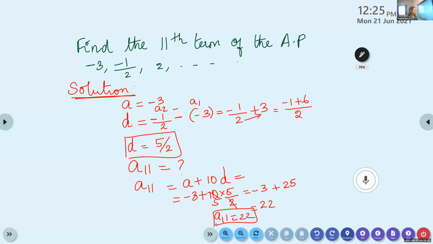Now others, write the next question. Find the missing terms.